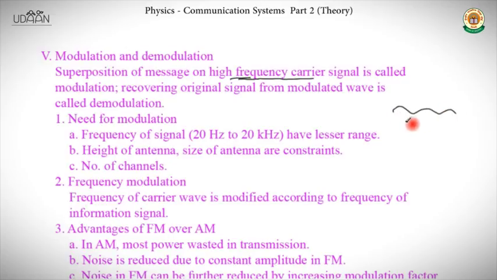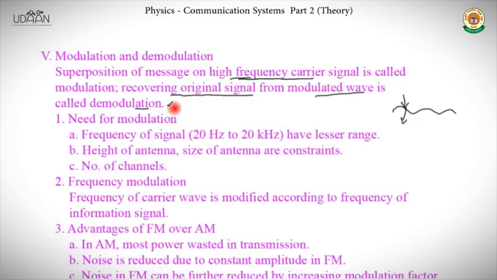If this is a carrier wave, and then we put a message here, through different modes of modulation, this is called modulation. Then again, we need to get back this message from this carrier wave in the final destination. So recovering the original signal from the modulated wave is called demodulation. Basically they are just the opposite processes of each other, modulation and demodulation.